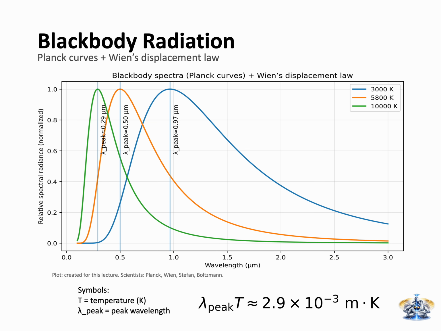Now we take a quick but really important detour, spectra. Up to now, we've been talking about brightness like it's one number, but starlight isn't one number. It's spread across wavelengths. So before we talk about spectral lines, we need the baseline, what plain thermal light looks like.